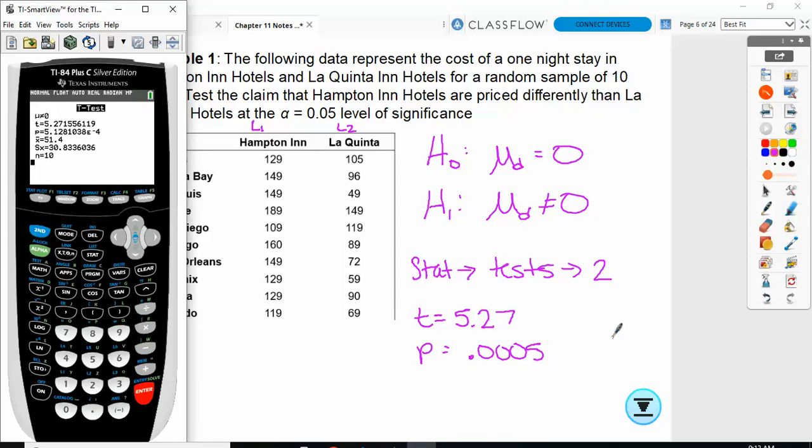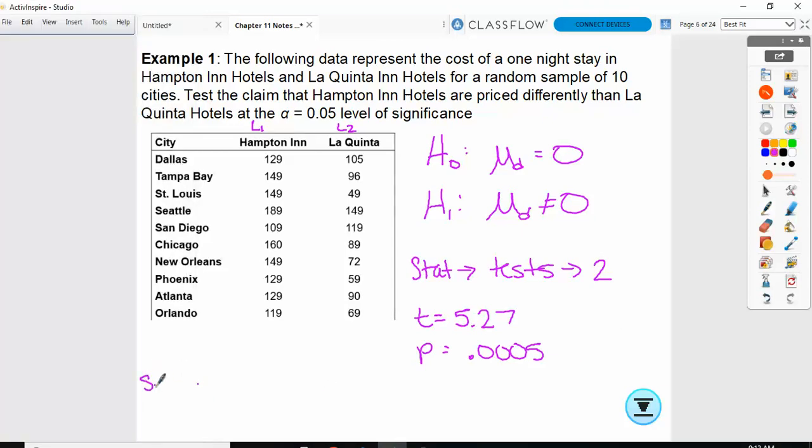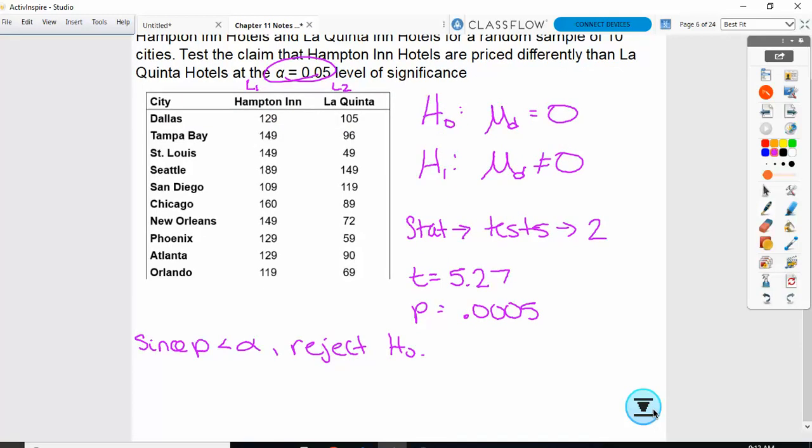Okay. So when do we reject? We reject if p is less than alpha. Okay, my alpha was 0.05, so p is smaller than alpha, we reject the null hypothesis.